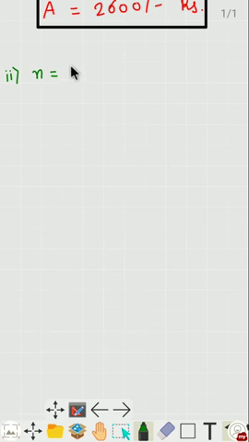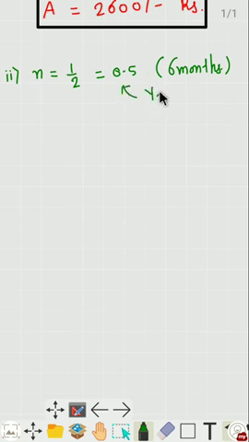So n is equal to 1/2, or we can say 0.5, which means 6 months. So this is in years, so n is equal to 1/2.